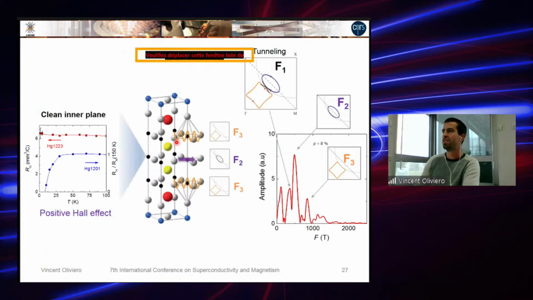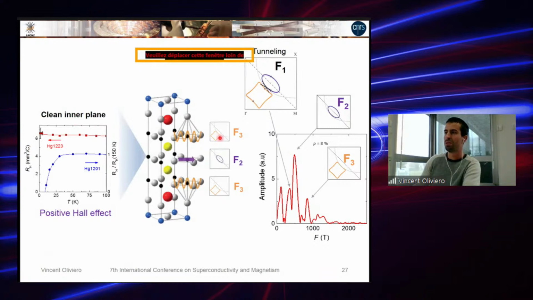So here I just summarize our model. We are studying a Mercury 3 plane compound, which is a multi-layer. There is a doping unbalance, making the inner planes antiferromagnetic. And this antiferromagnetic order, the hole pocket, just dominates the transport, leading to the observation of a positive Hall coefficient.